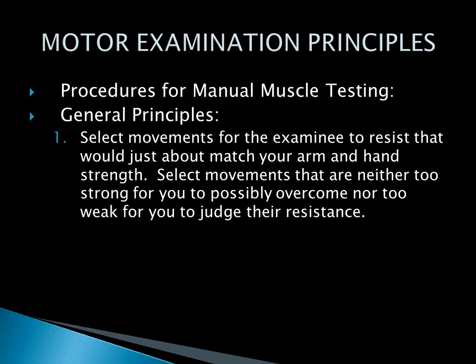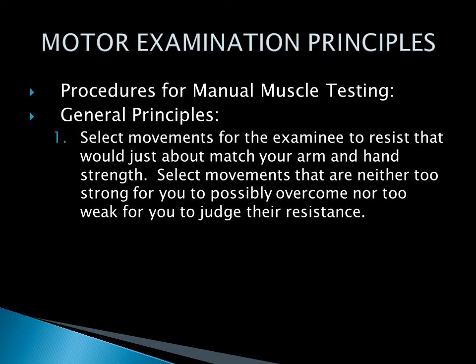You would shorten the lever up and give your examinee a little bit more mechanical leverage and mechanical advantage by placing your resistance at the elbow rather than at the extended arm at the wrist and hand, because that's simply too long a lever and your examinee would be too weak in that position, and you would not be able to accurately judge their resistance.